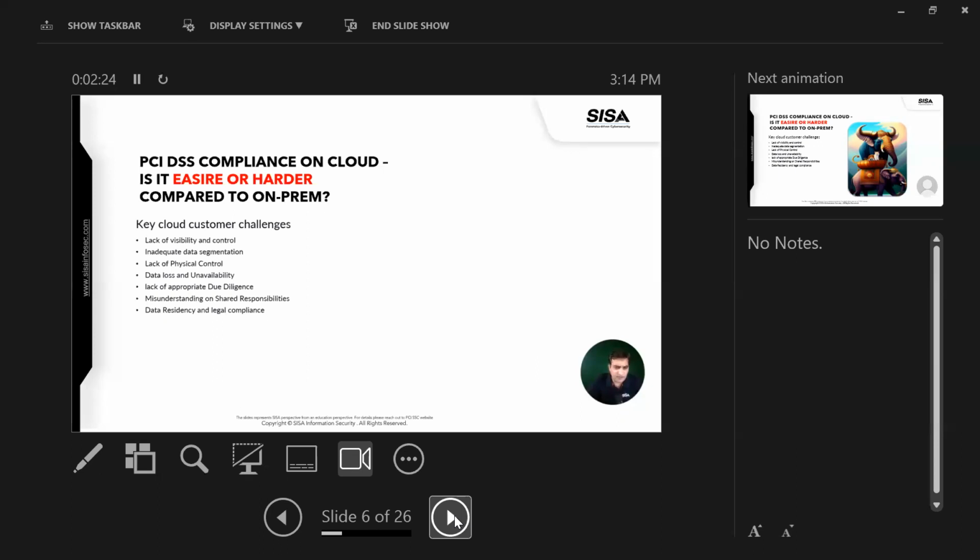Every country has come up with their own regulations, and sometimes it can be a daunting task for any organization. So these are very common high level challenges somebody faces when the infrastructure is hosted on cloud.